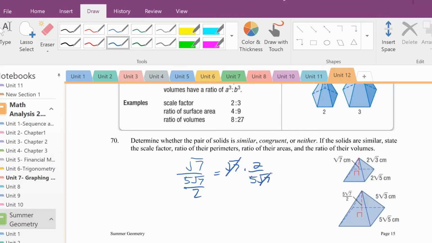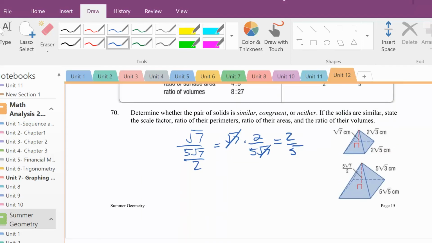So notice that means that the ratio is 2/5. So let's see what happens when we go 2 root 3 over 5 root 3. Notice the ratio is 2/5. And 2 root 5 over 5 root 5, it's 2/5. So they have the same scale factor, so that means they are similar.